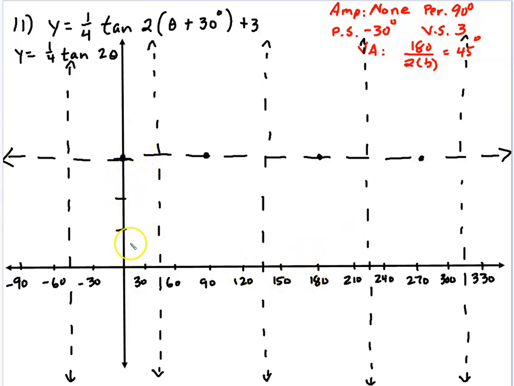Okay, and now for those other points, let's just think about inputting 30 degrees in for theta. Now again, I'm not doing the shift yet. I'm just focused on coming up with what this looks like, and then we're going to do the left 30 degrees on all the points. So let's input 30 degrees, and 2 times 30 degrees obviously is 60 degrees.